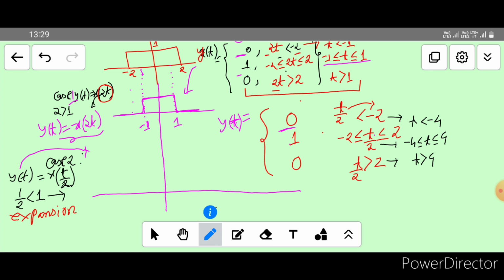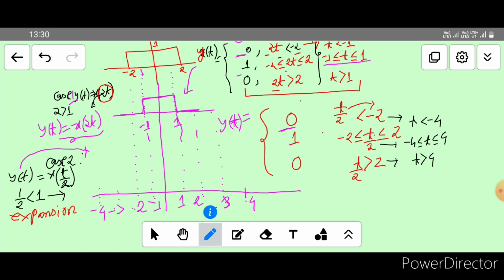So this is the axis; let it be minus 4, minus 3, minus 2, minus 1, 1, 2, 3, and let this be 4.